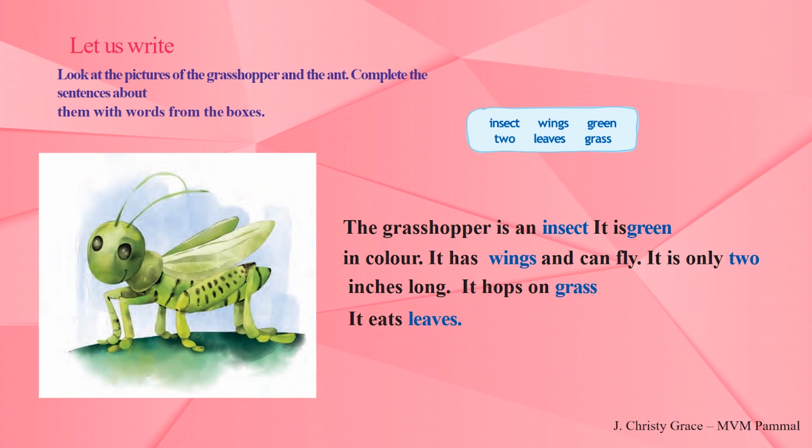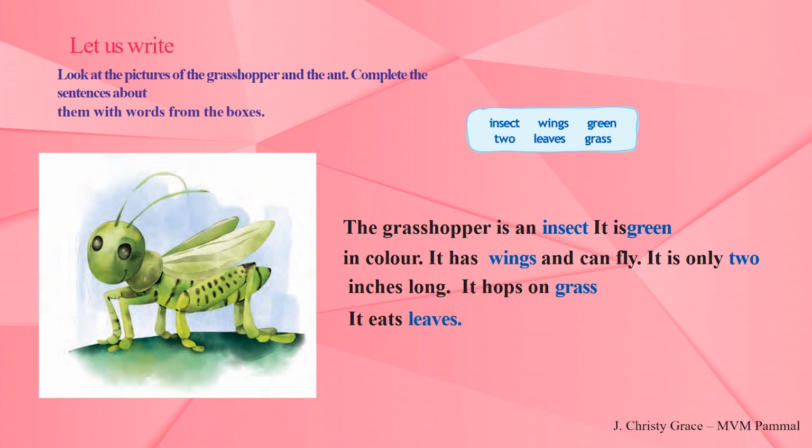Then it has dash and can fly. It has, what is that? Yes, wings. It has wings and can fly. Next, it is only dash inches long. How many inches? Yes, it is 2 inches long. Then it hops on dash and eats dash.